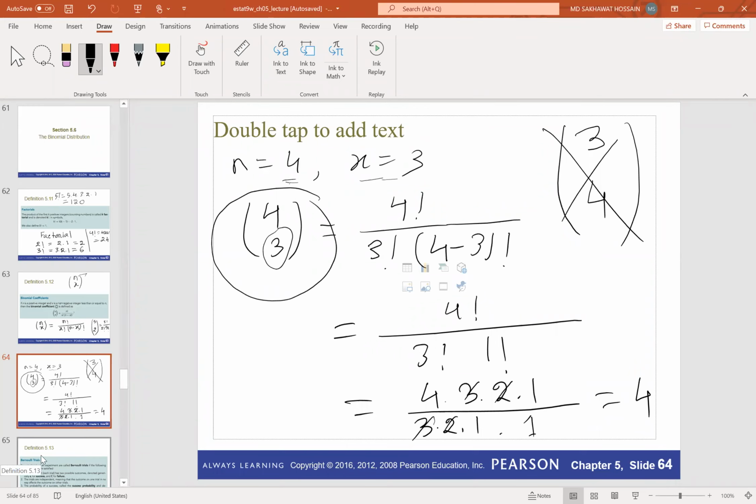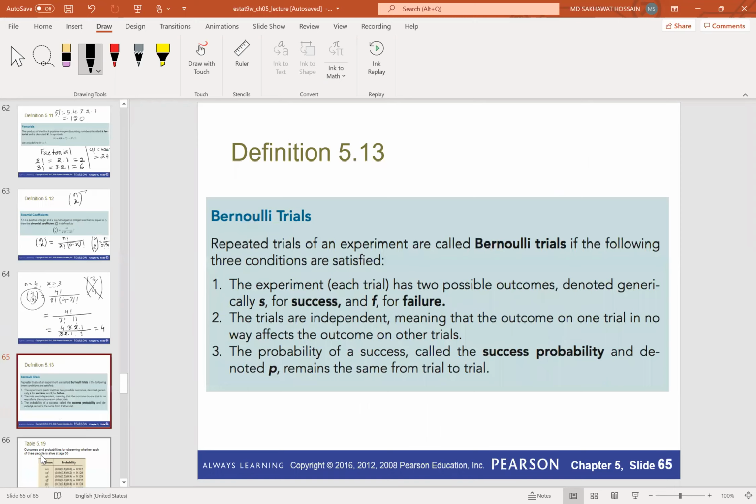We will be using these 2 terms in calculating the probability from the binomial distribution, or for a binomial random variable. We also need another term, which is called Bernoulli trials. What is a Bernoulli trial?